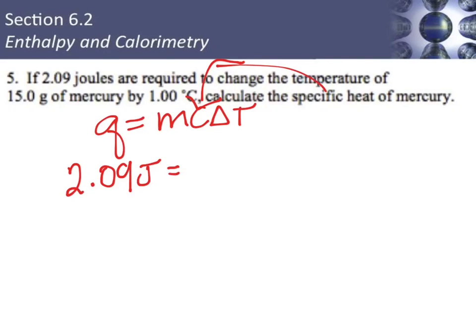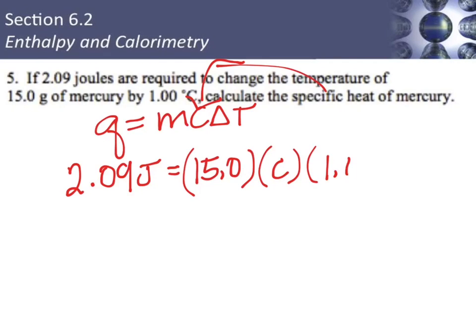Our mass is 15.0. C is what we're trying to find. And our delta T is 1. So put that in your calculator and solve for C.